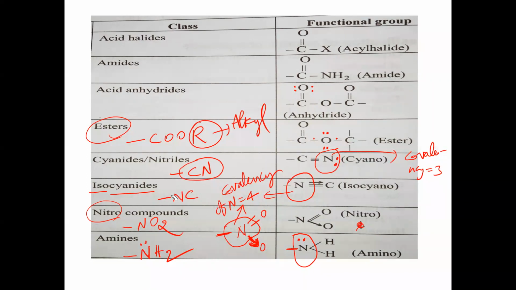Any lone pair on nitrogen in NC? No. Any lone pair on nitrogen in CN? Yes, 1 lone pair will be present on the nitrogen atom of the CN group. So CN is called cyanide, NC is called isocyanide, bond NO2 is called nitro group, bond NH2 is called amine group.